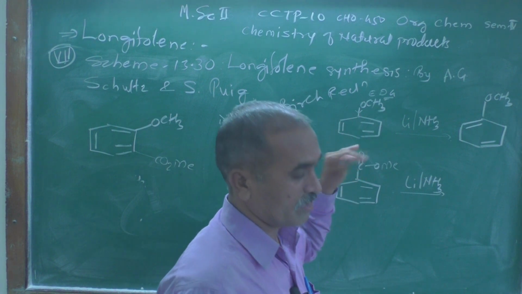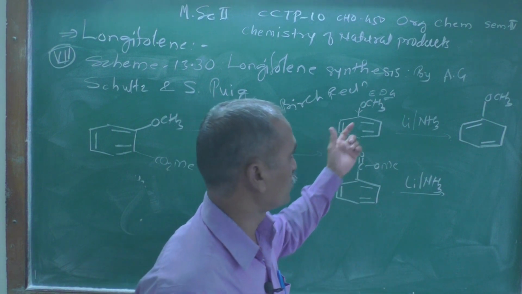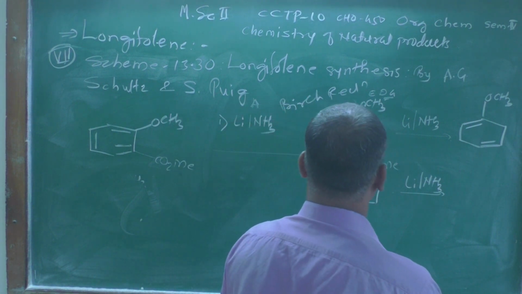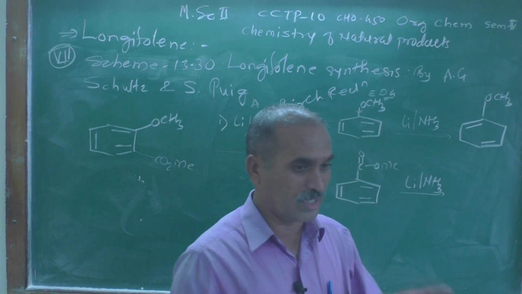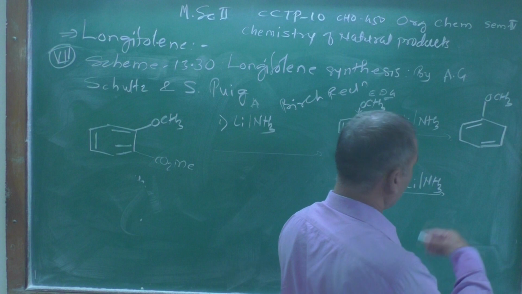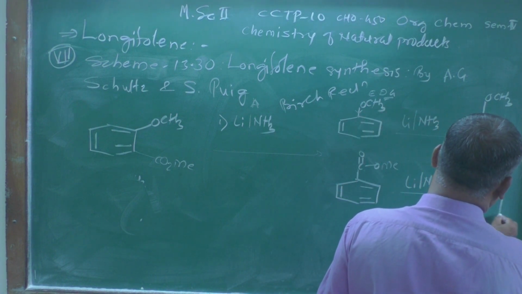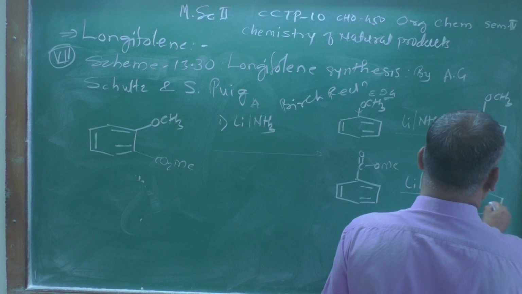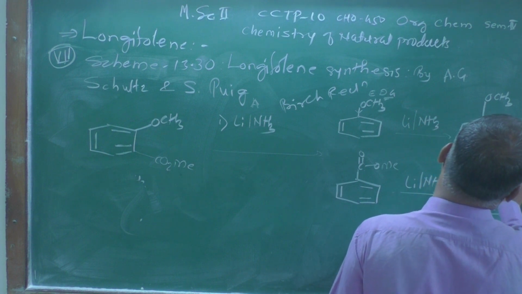Even though it is stable, partial reduction occurs, and that's why the Birch reduction is very useful. Now here is the electron withdrawing group. If electron withdrawing groups are present, partial reduction takes place here also, but remember the product will be this one, C double bond O, OMe.